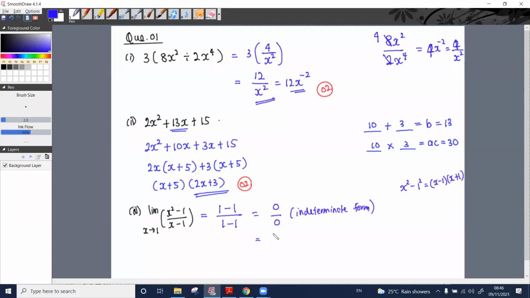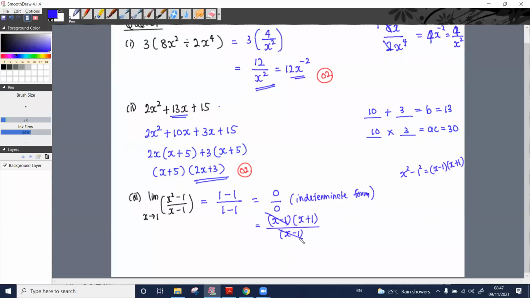So the numerator we can express as x minus 1 into x plus 1, divided by x minus 1. Now see, this x minus 1 and this one, we can cancel. What are we left with? x plus 1.